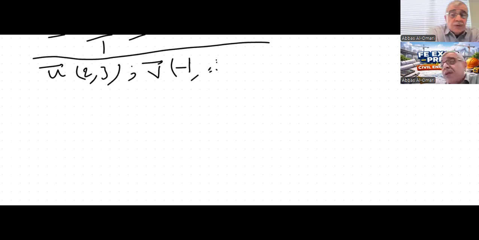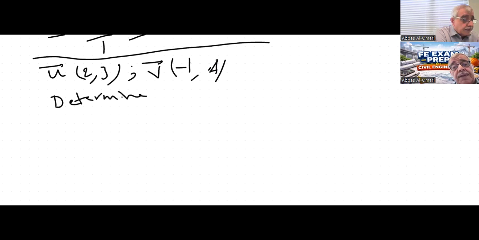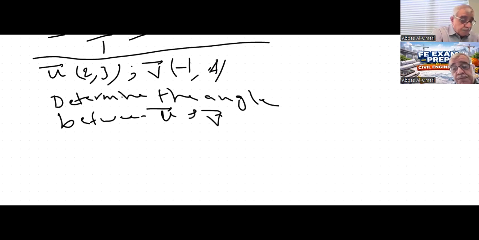So these are two vectors, and it is required to determine the angle between u and v.